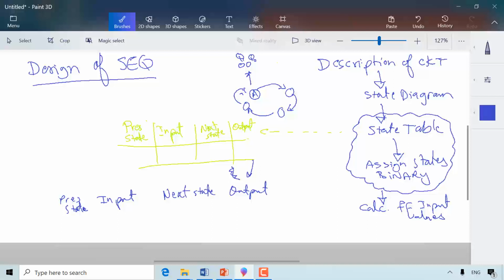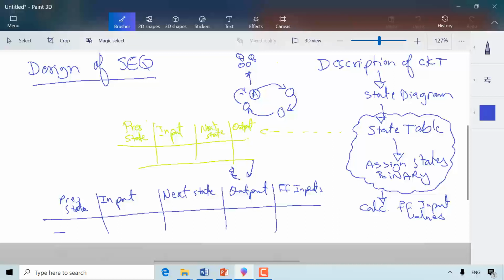We will see how we do that, but this is the general process, and we have to find out the values. Sometimes people put the output at the end, sometimes in the middle. It doesn't matter, but we add the flip-flop inputs to our state table.